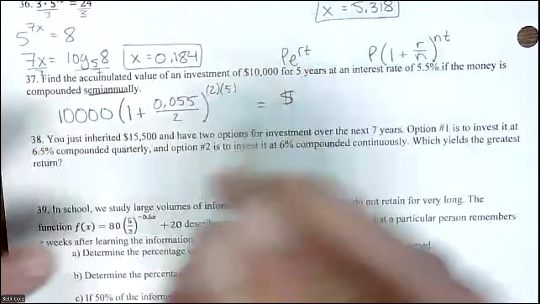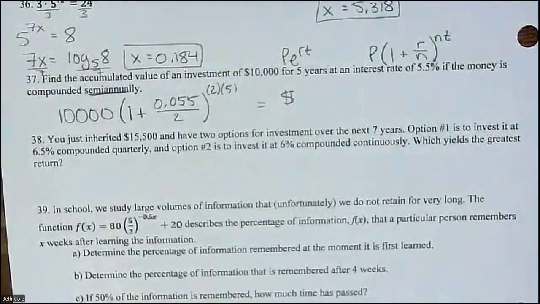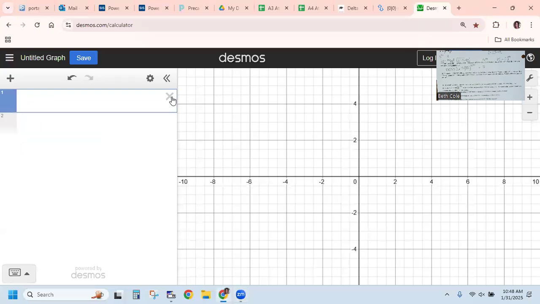While I type this, I want you to think about an answer that makes sense. What are we expecting this to come out to, roughly? More than 10,000, but not going to be over 12. I don't actually know, 12,000 might be okay, but not like $100 million.